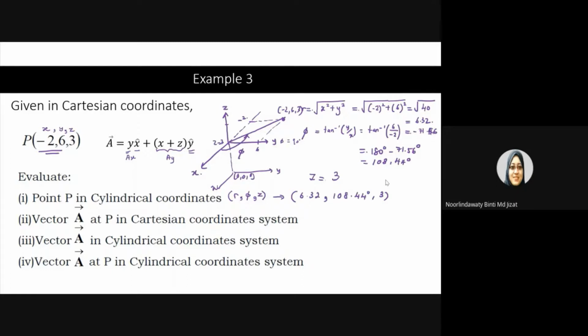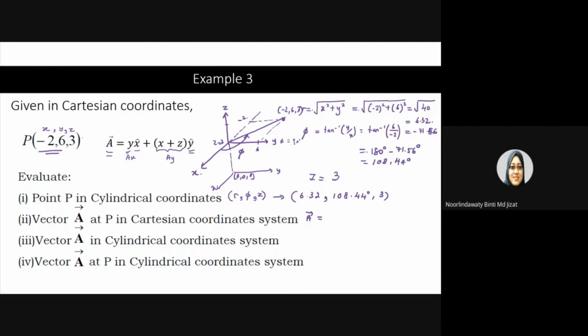Okay, now we move to the second one. What is your vector A at P in the Cartesian coordinate system? So what is A in the Cartesian? You just need to plug in the values. You have your A given by y. What is the value for y? Six.